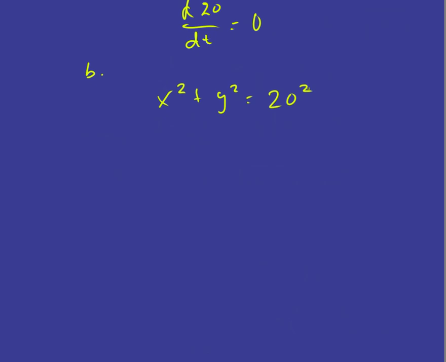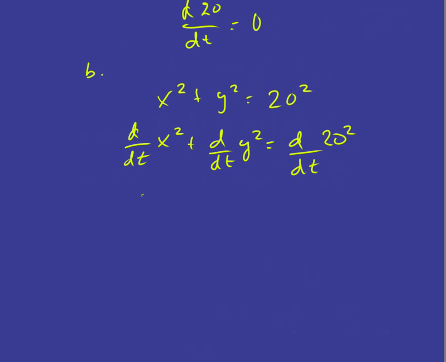So we have to differentiate implicitly with respect to t. So it's d/dt of x squared plus d/dt of y squared equals d/dt of 20 squared.